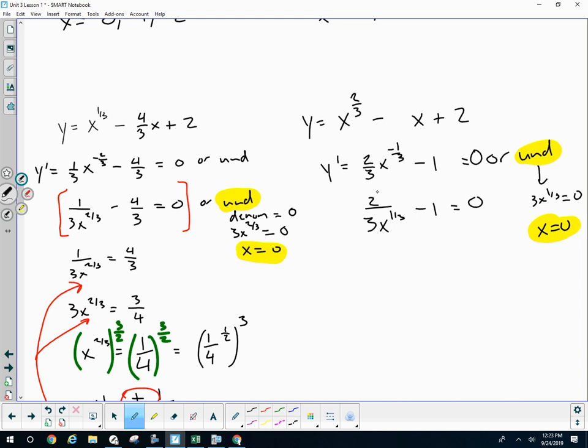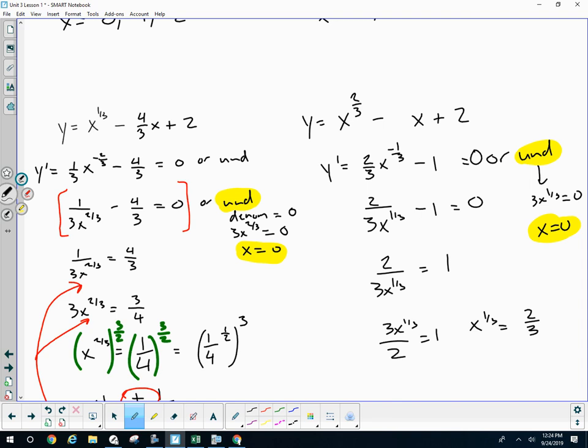The other solution will come from solving this. I added 1 to both sides. I flipped both sides. Did 3x to the 1/3 over 2 equals 1, or x to the 1/3 equals 2/3.